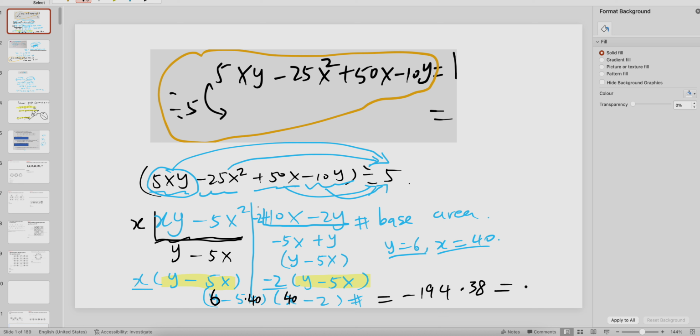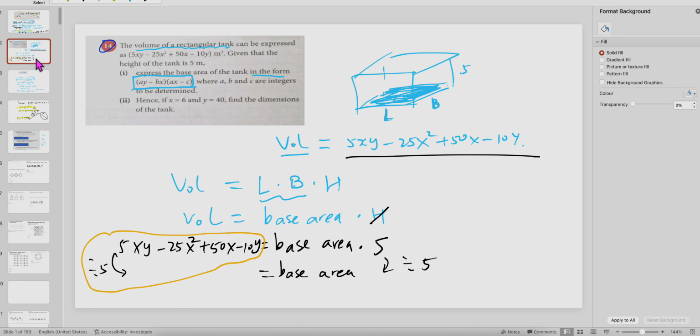So this is the first bracket, this is the second bracket, so the final answer is negative 7372.